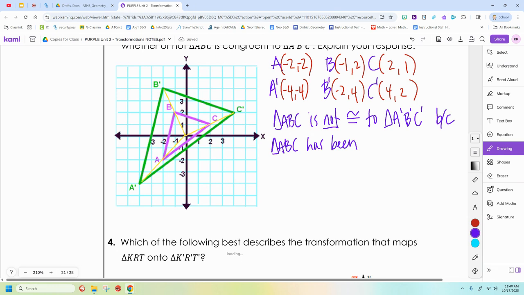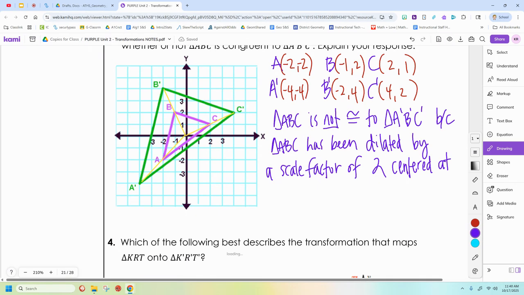Okay, so ABC has been dilated by a scale factor of 2, centered at the origin.